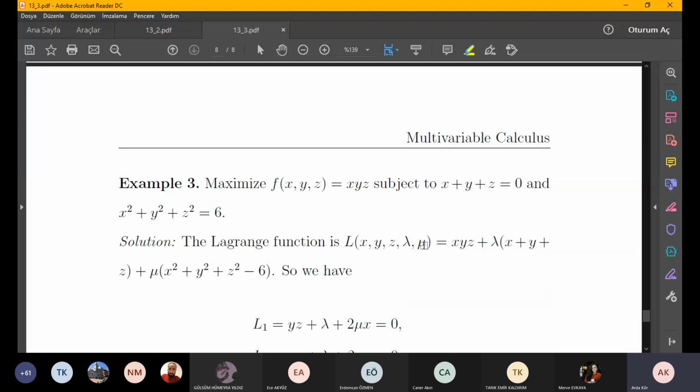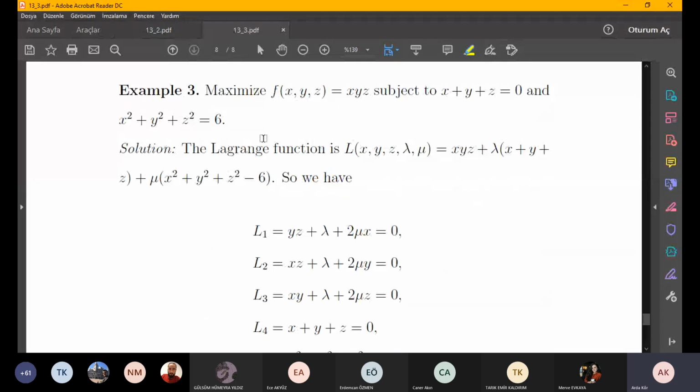And let's try to maximize xyz, for example, a 3 variable function subject to two constraints like here, x plus y plus z equals 0 and x squared plus y squared plus z squared equals 6. Let's see what the absolute maximum value of f will be for those two constraints.